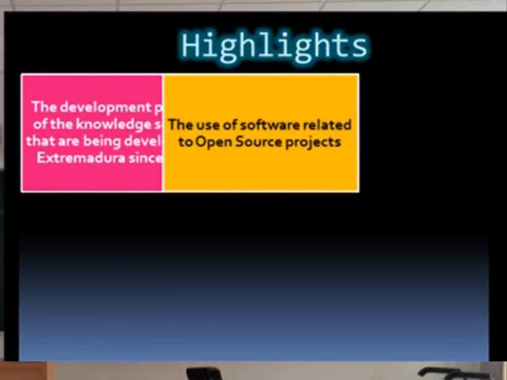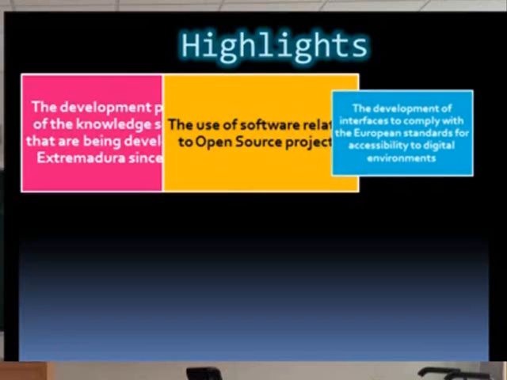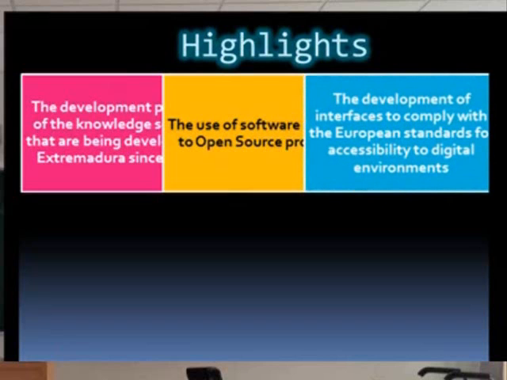We have used not only to deliver contents synchronously like Moodle and other platforms, but the main target of the project was to evaluate the best synchronous virtual classrooms to integrate in our campus. The third highlight was the development of infrastructures to comply with European standards for accessibility to digital environments.